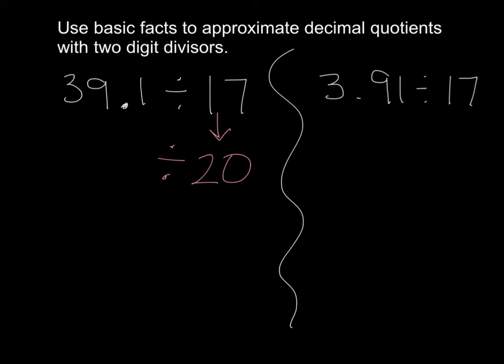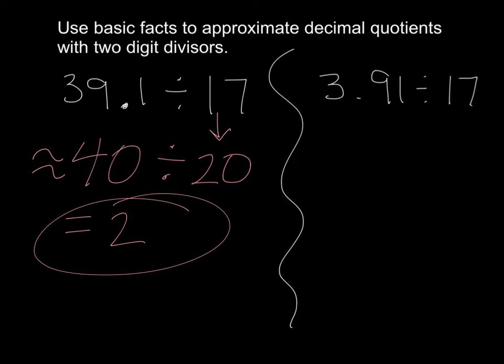Well, I'm going to round that to 40. Okay. 40. Okay, so 39 1/10 divided by 17 is approximately 40 divided by 20, which is approximately 2.